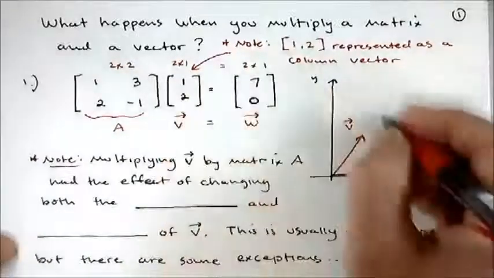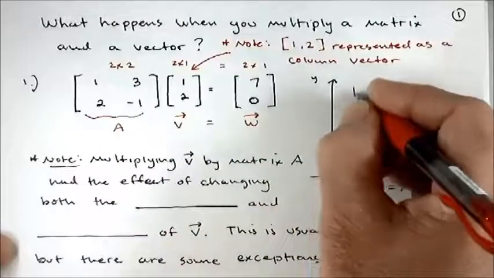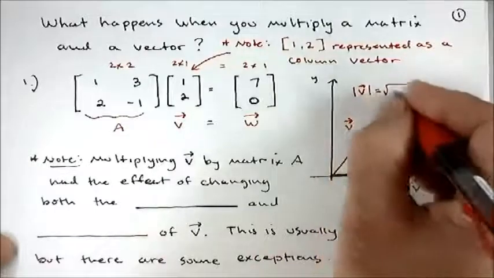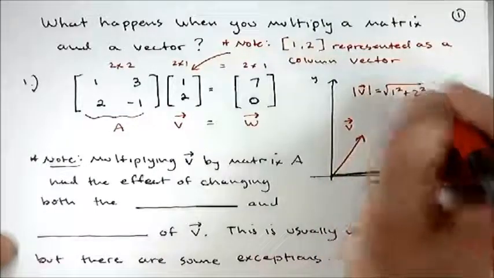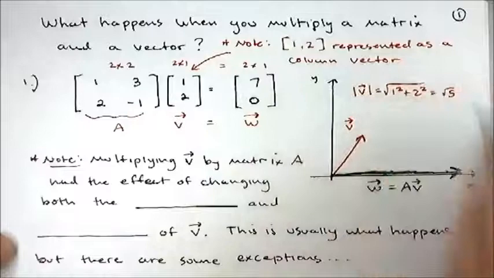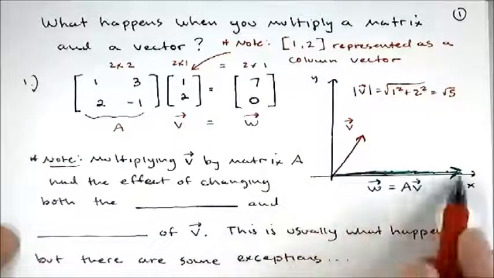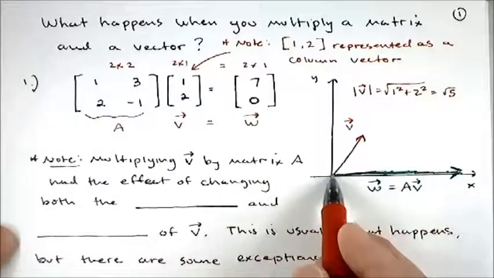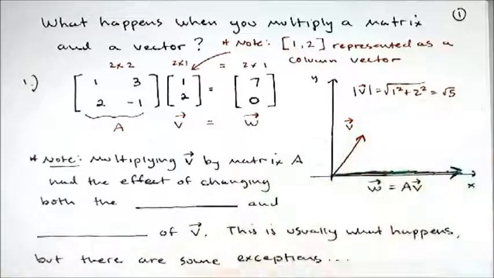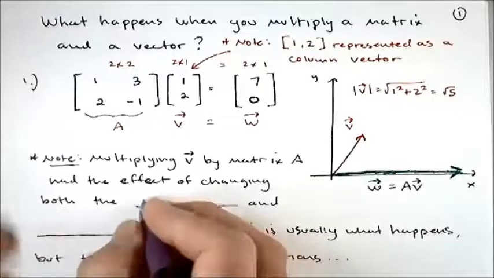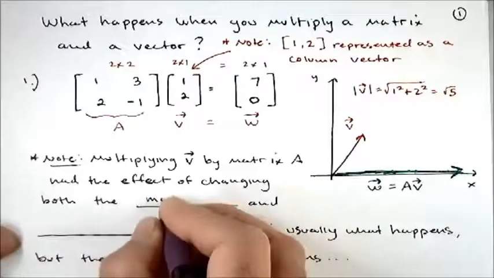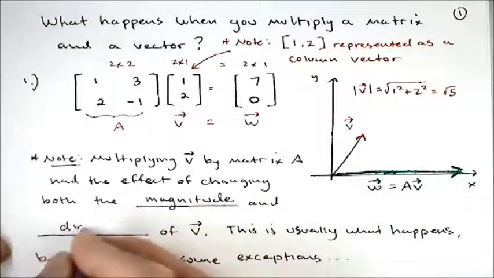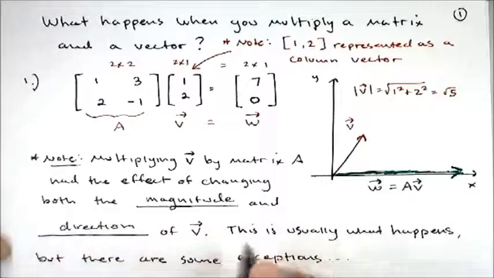Remember how to find the magnitude. If I wanted to find the magnitude of vector v, the length of it, that's the square root of each part squared. So that ends up being √5 for v. Whereas for this vector, I don't really need a formula. I can tell that it's 7 units long, because it's 7, 0. So clearly it changed both the magnitude and the direction of vector v.